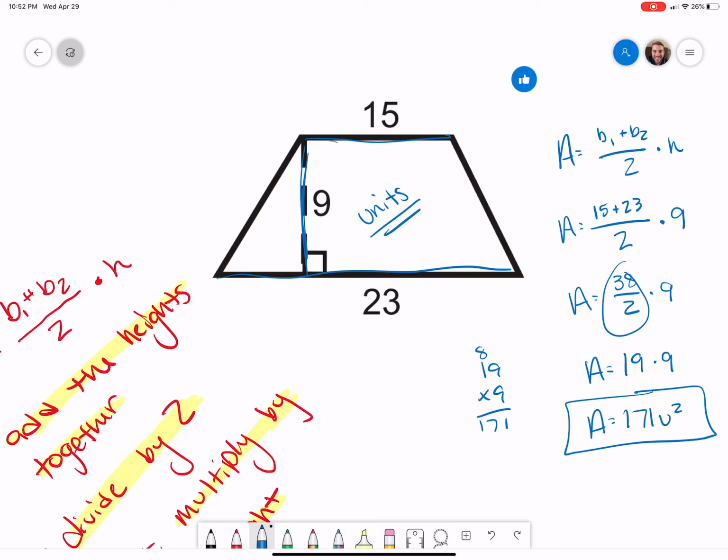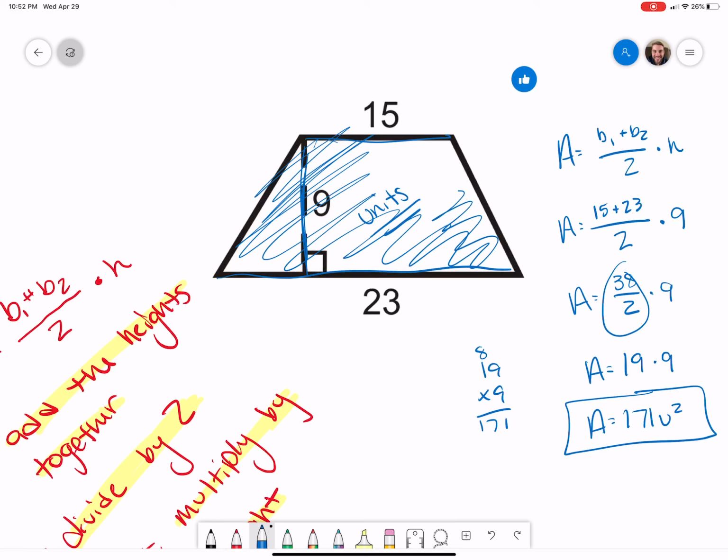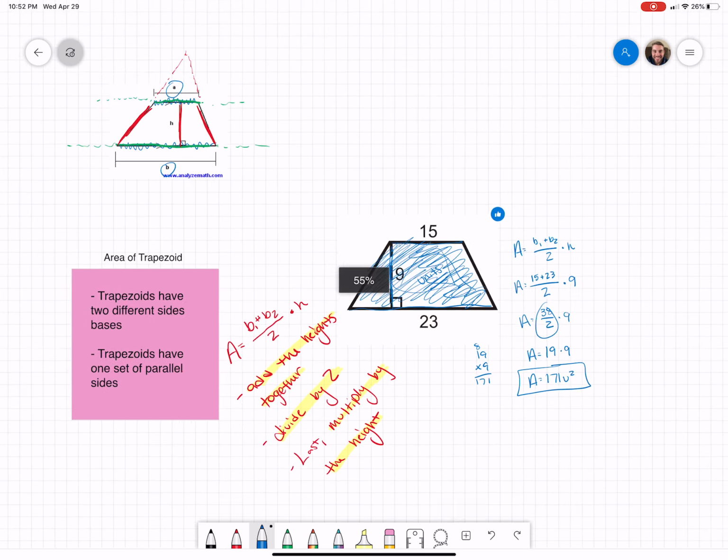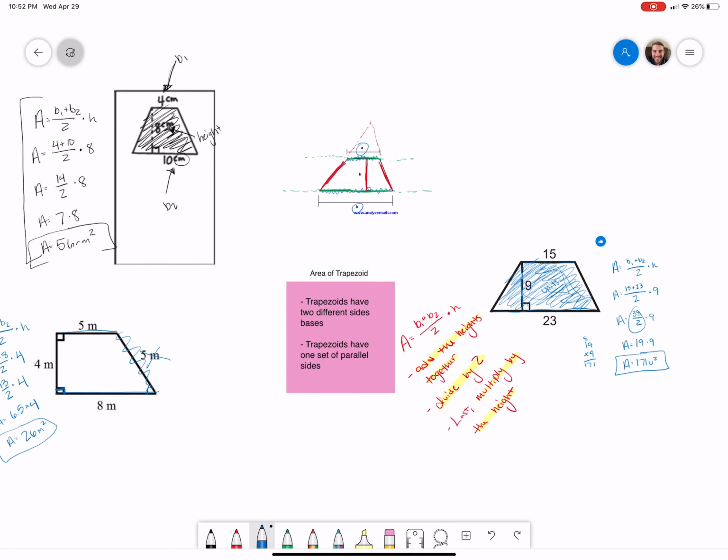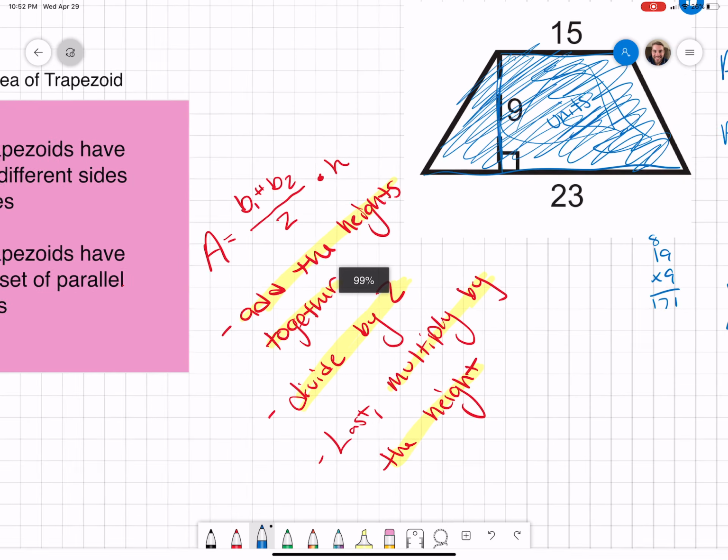So if this was drawn out and I filled it in, it would be 171 units to fill in the whole thing, because area is filling it all in, right? Remember that, area is filling it all in. It's like you're painting an object, right? You're painting it, you're filling it in. That's the area. So those were just a couple examples I wanted to give you.